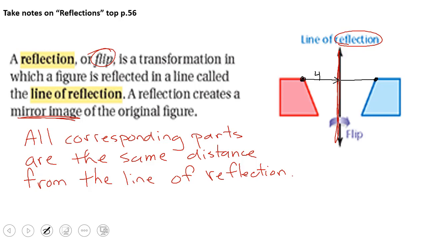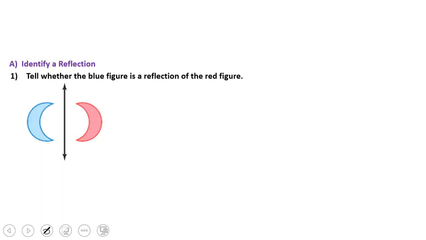And of course, that distance to the line of reflection would also be 4. That is the rule for a reflection. So this point down here would be the same distance from the line of reflection as its corresponding point right there. And we can say that those are 3. I don't care, but they are the same distance. Makes sense to me.